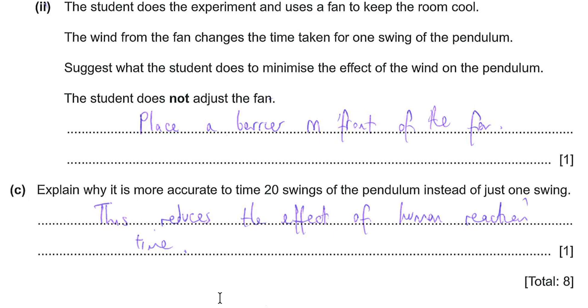However, if I measure 20 swings, it will have the same uncertainty. Divide that uncertainty by 20, I get a much smaller uncertainty. Now, that is, again, going into too much analysis for us, but I wanted to explain it in better terms. For us, we just need to say it reduces the effect. It means that essentially the effect of reaction time becomes 20 times smaller.